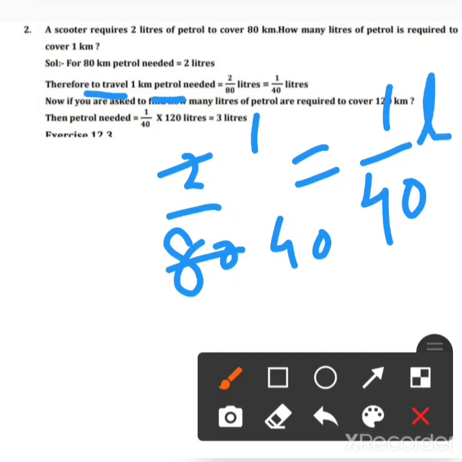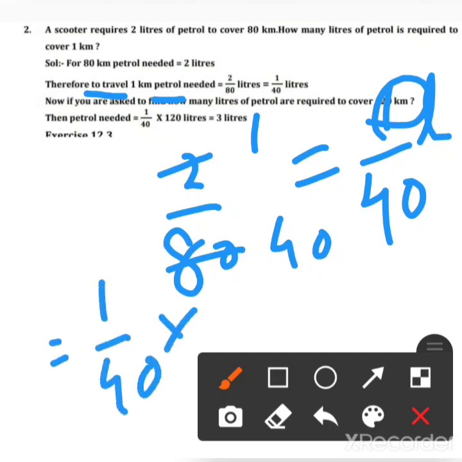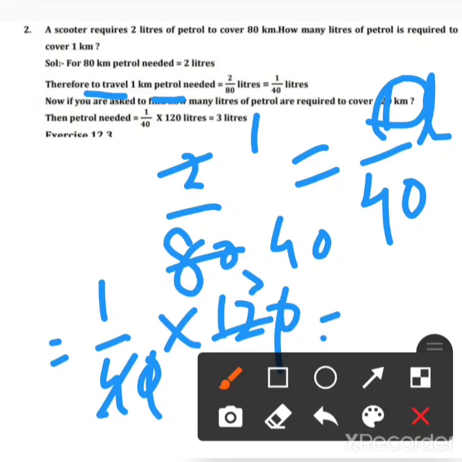Now if you are asked to find how many liters of petrol are required to cover 120 kilometers, then the petrol needed is equal to 1 over 40 multiplied by 120. 0 cancels by 0, 4 ones are 4, 4 threes are 12, that is 3 liters. 3 liters of petrol are needed to cover a 120 kilometer distance.